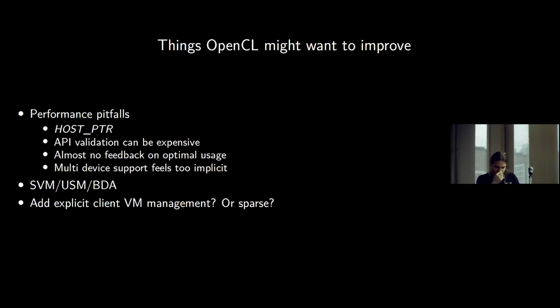I'm also having a little bit of trouble with the way multi-device support works in OpenCL, and there's a lot of implicit data synchronization happening. And maybe it would be better to have it more explicit, so the application developer actually knows what's going on, and not that much happens just behind the scenes.